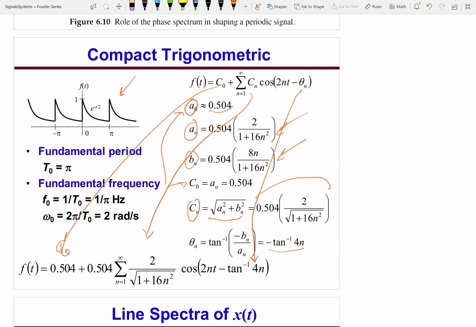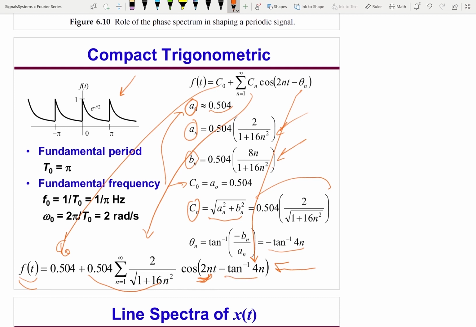With the compact form, we can plot the line spectra of the signal f of t, or if we call it x of t. Line spectra, I mean you plot the amplitude of each harmonic. Basically, you plot these for n0, n1, n2, n3, and so forth, that show you the strength of the different harmonics.